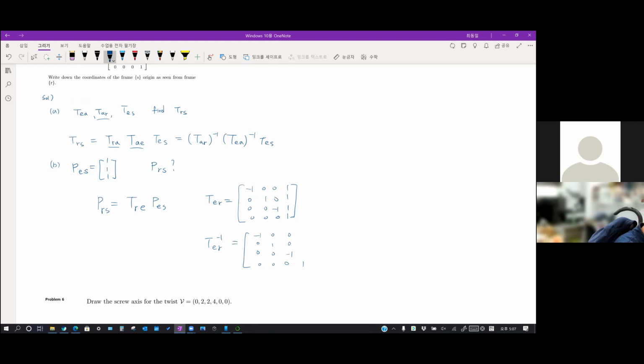And this one becomes R minus 0, 0, 0, 0, 0, 1, 0, 0, 0, minus 1, multiplying 1, 1, 1. This one becomes minus 1, 1, minus 1. And this one becomes 1, minus 1, 1.